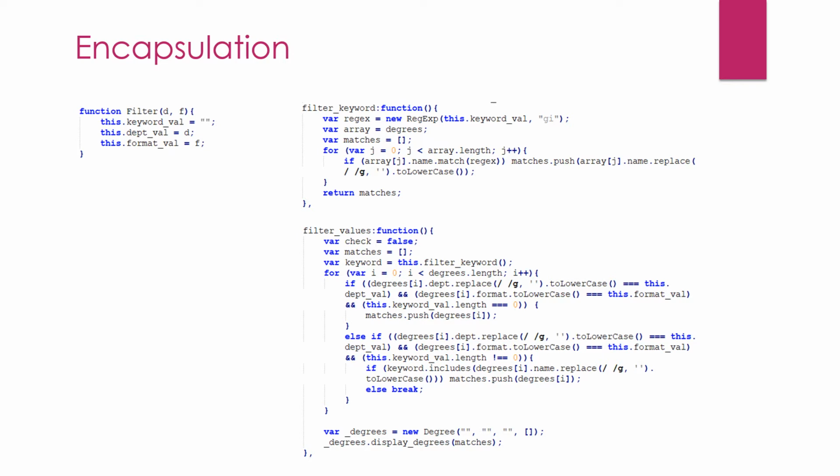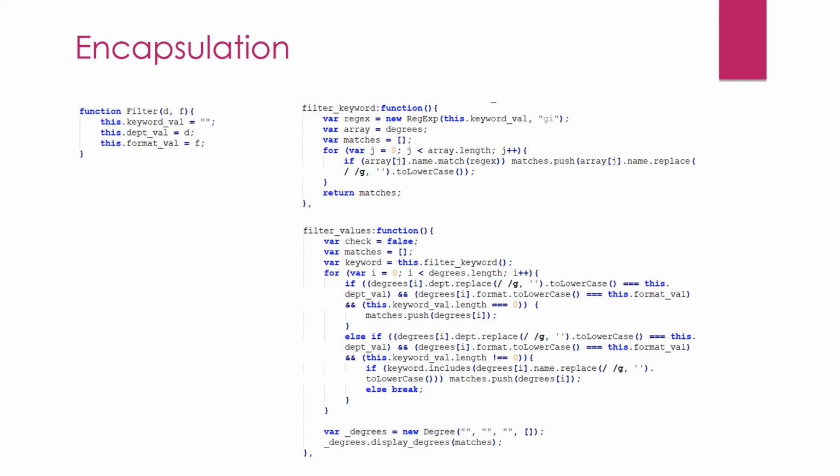In its prototype, we have two important functions. We have the filter keyword function, which takes the keyword that the user put in. I use a regex function just to clean it up a bit and make it easier to compare for matches. This function returns any keyword matches.